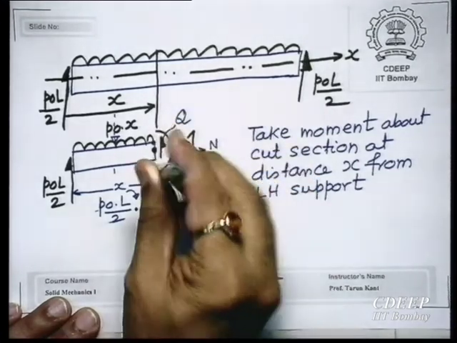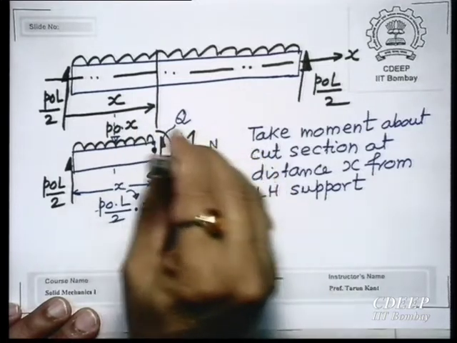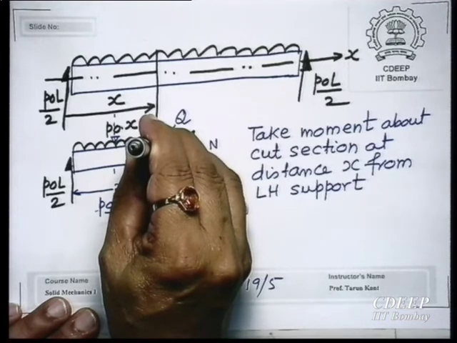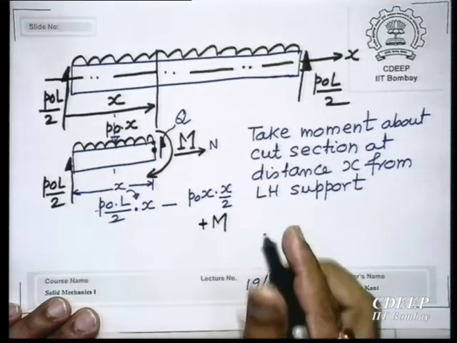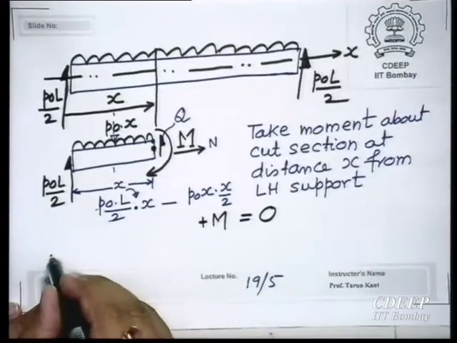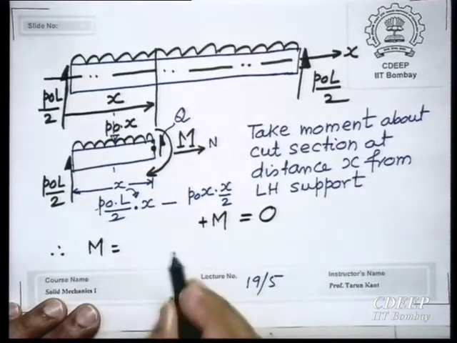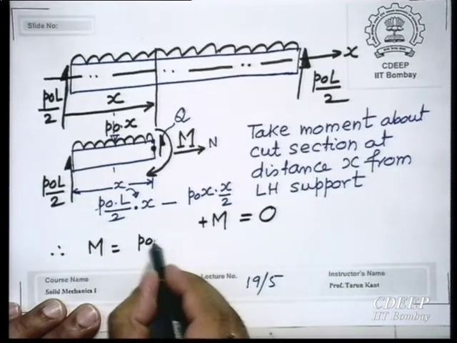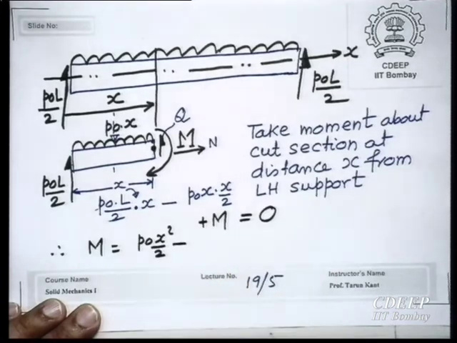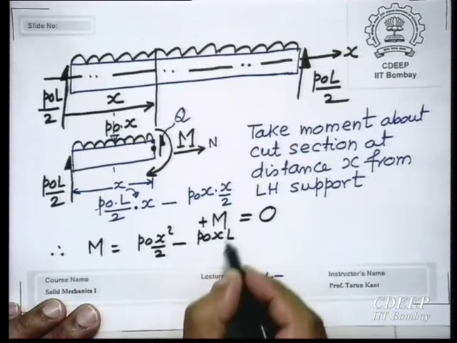Anything else that is acting? Yes, moment of N will be 0, moment of Q will be 0, because they are passing through the same point. So this is equal to 0. And therefore, m is equal to P naught x square by 2 minus P naught xL by 2.